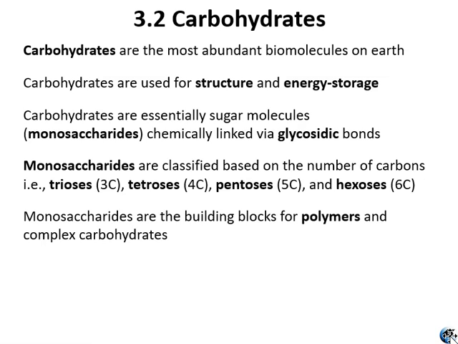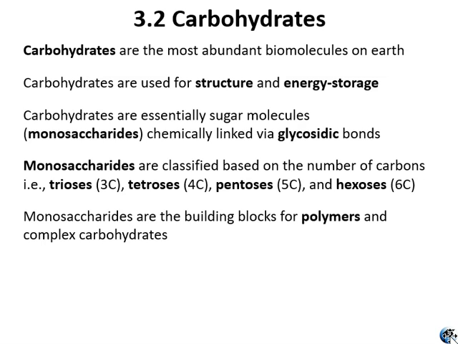They prevent protein from being used as an energy source and enable fat metabolism. In humans, carbohydrates are important for brain function. They have influence on things like memory, mood, cognition, and even behavior. Carbohydrates are essential sugar molecules called monosaccharides, chemically linked via glycosidic bonds.